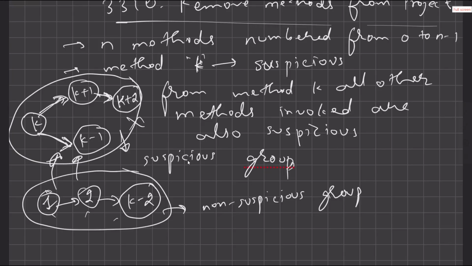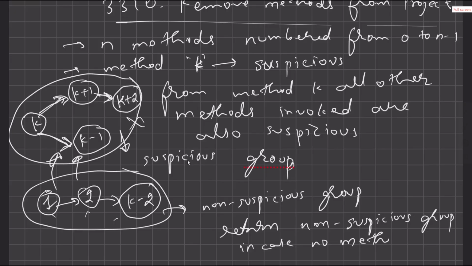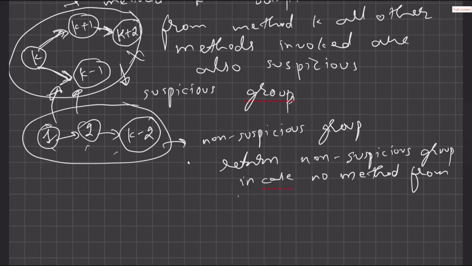So at the end we need to return the non-suspicious group, in case no method from it calls any suspicious method.